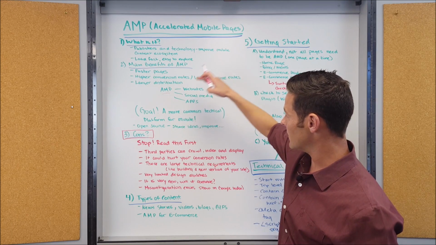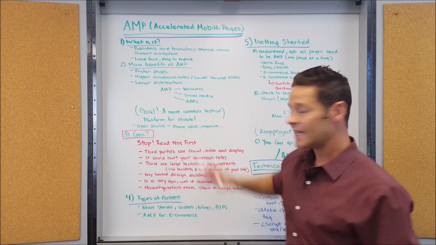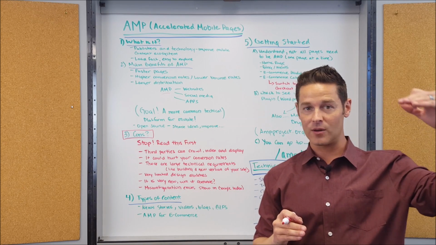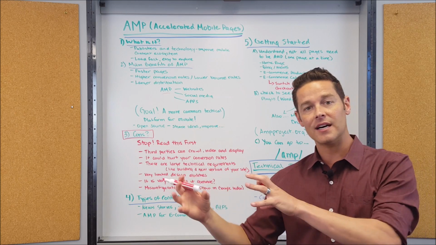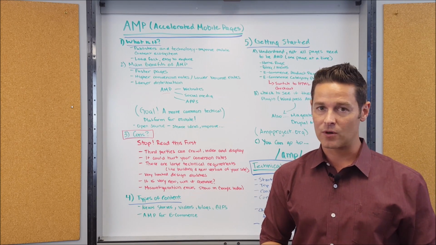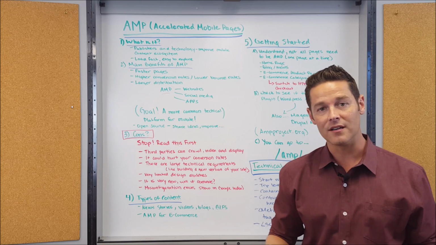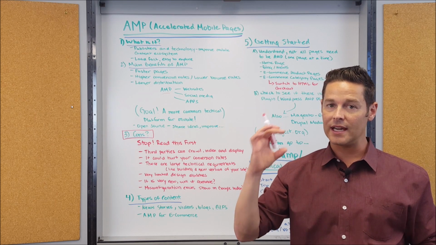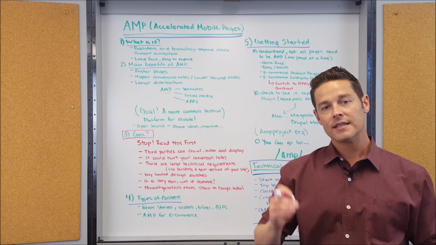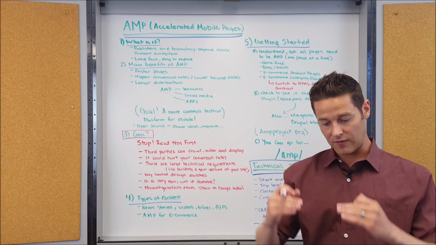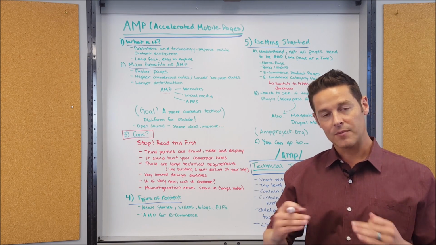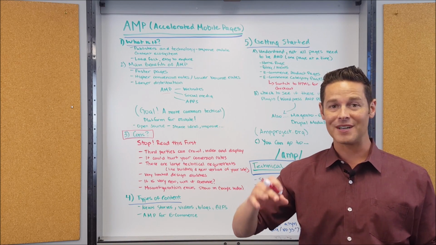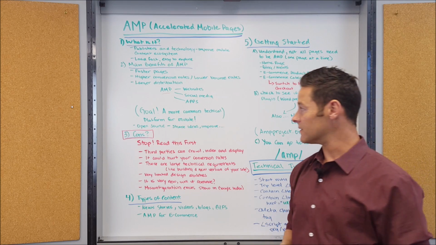So another website or social media site or an app can take this information from your website and display it on their website, their app, or their social media site because it's in this easily digestible format. You may have seen that Google for a while had a carousel at the top of Google that showed pages that were only AMP ready or accelerated mobile pages. Since then, they've taken AMP results and put them into the normal search results, but in many cases, they're showing AMP next to them, right? A little call out that shows that they're AMP ready and that they're fast.